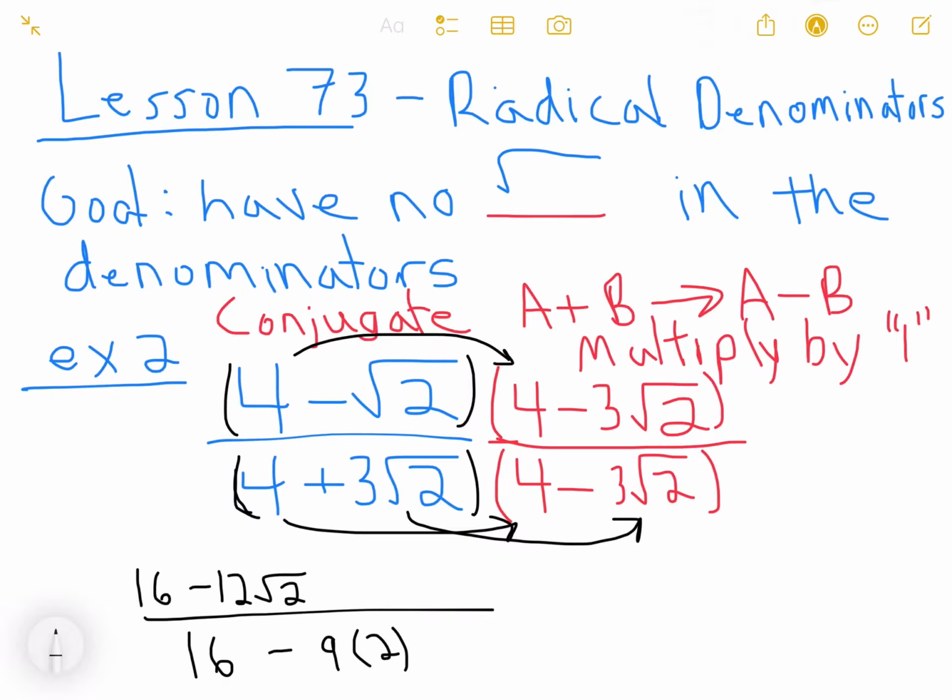Then I have minus 4 root 2. And then I'm going to subtract this last one here. So maybe I'll try to draw this one. I'm going to be multiplying that guy, so I have a minus times a minus, which means I have a plus. So I'll have plus 3 times the number 2. Okay, so hopefully that makes sense.